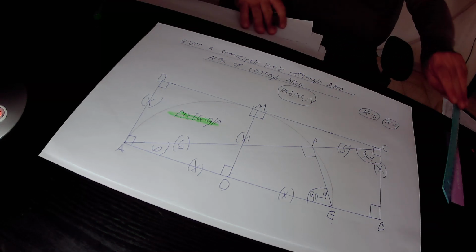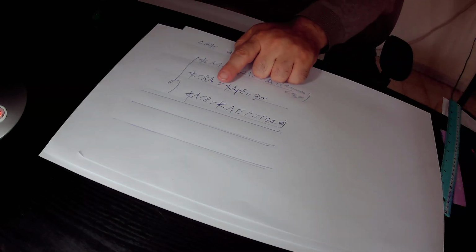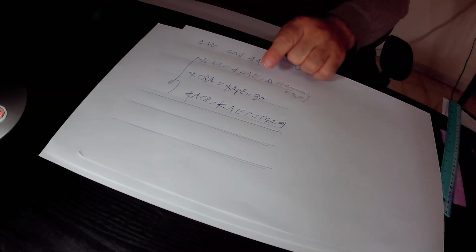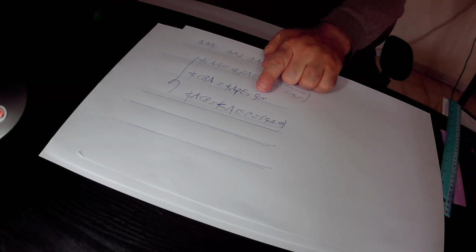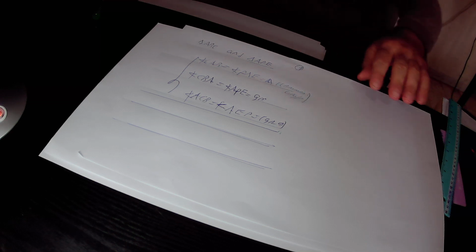So repeat again. Angle ACB in the big right triangle ABC equals angle AEP in the small right triangle AEP. They are both equal to 90 degrees minus alpha, therefore they are equal to each other.